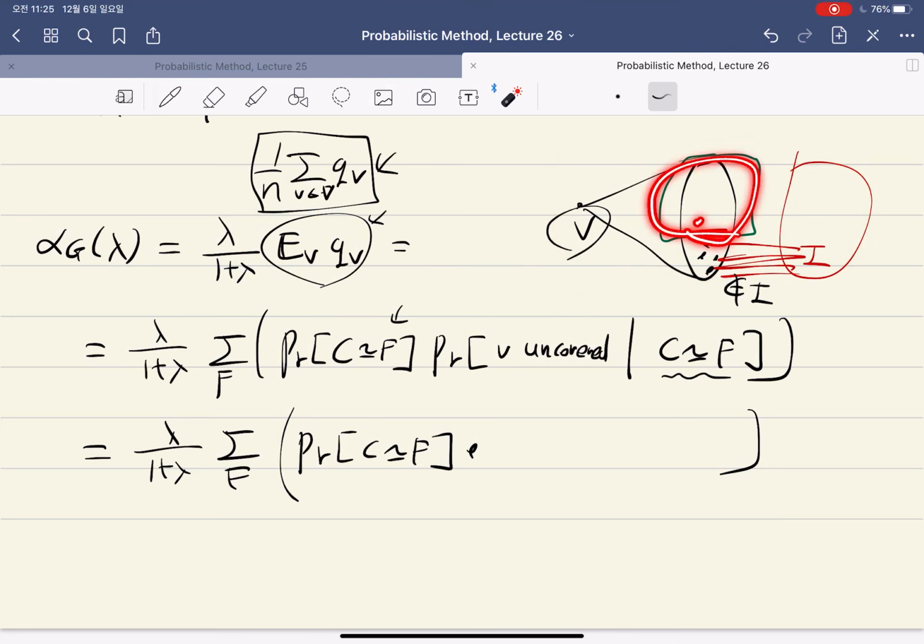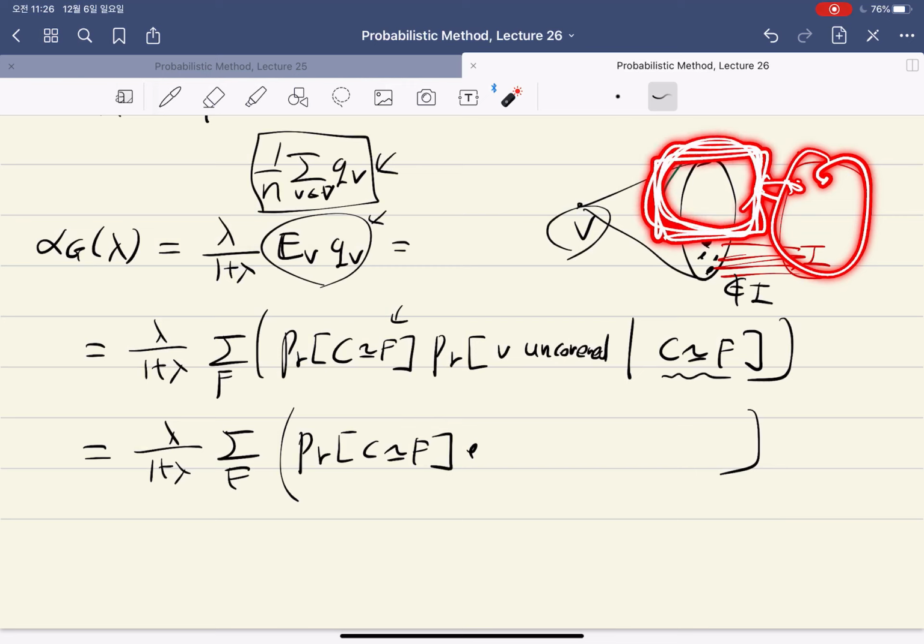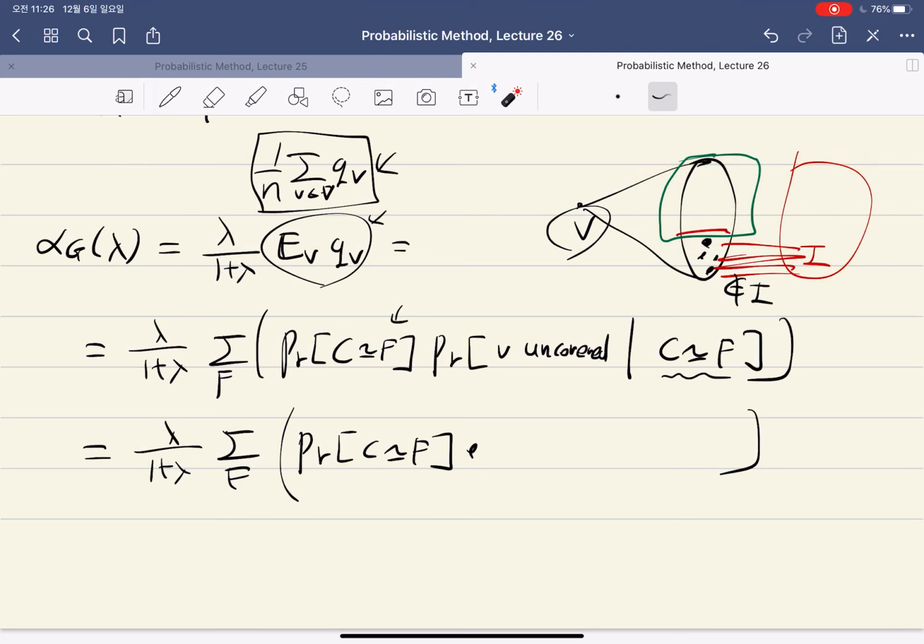But here, every vertex is here, and V is uncovered exactly when none of the vertices here are in I. And we want to measure that probability. Because everything here is fixed, here has no influence from here. So what happens in here in terms of the choice of the vertices in I is independent of the outside. Then none of here are chosen.